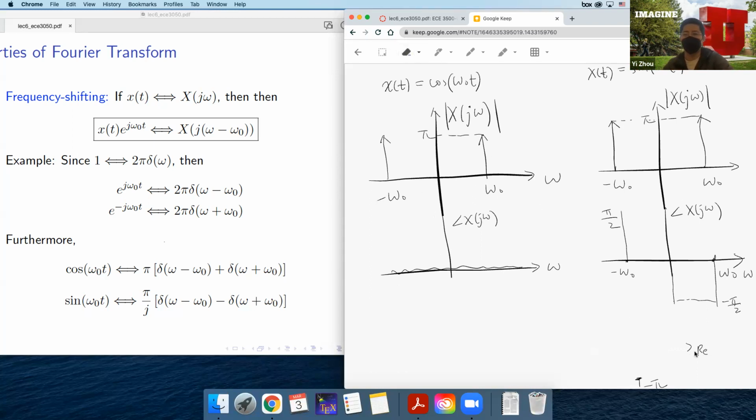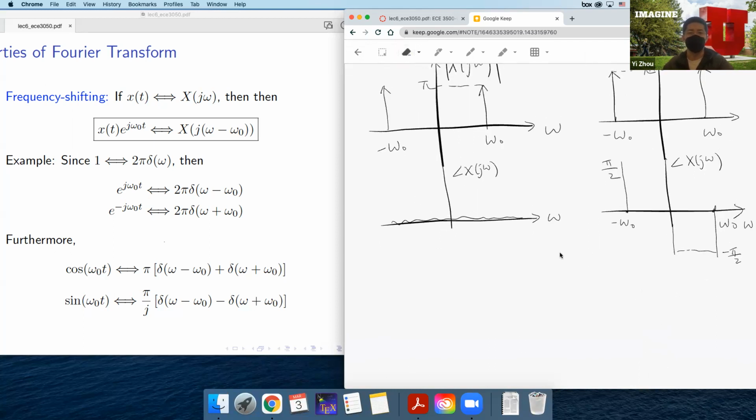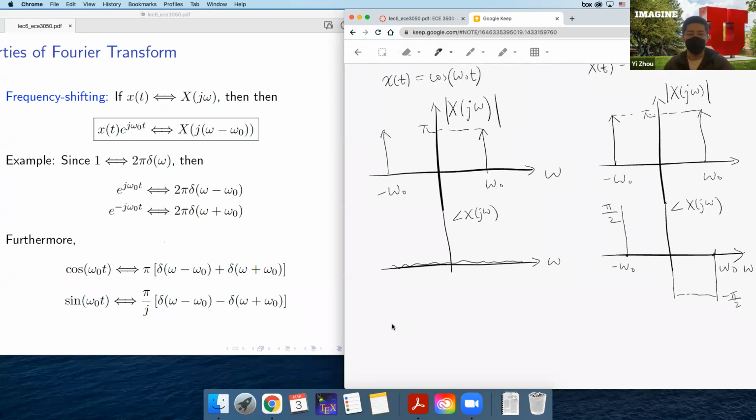And this is very intuitive because we know that sine and cosine are different by pi over 2 in the phase. So basically we have cosine equals sine of omega naught t plus pi over 2.